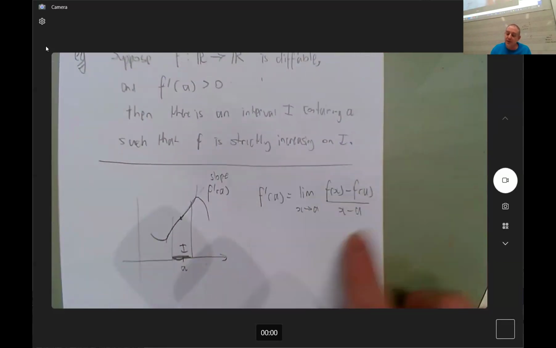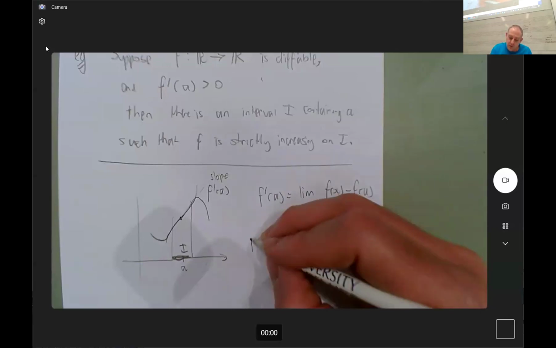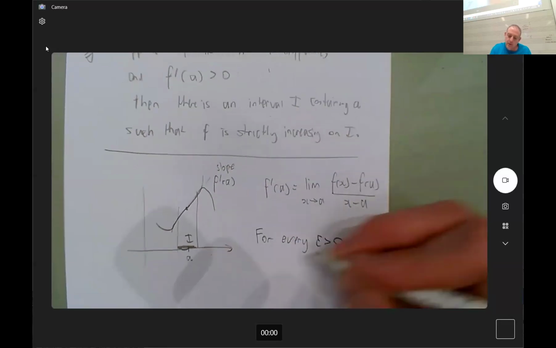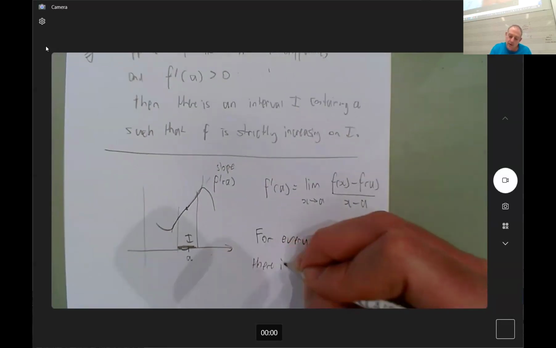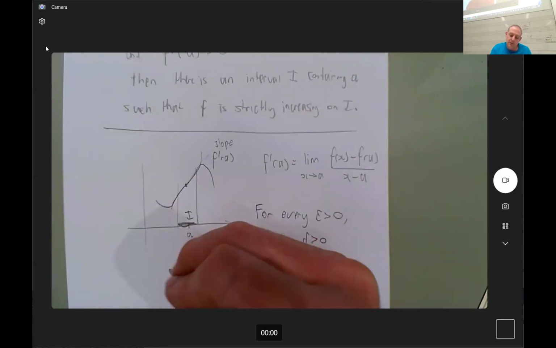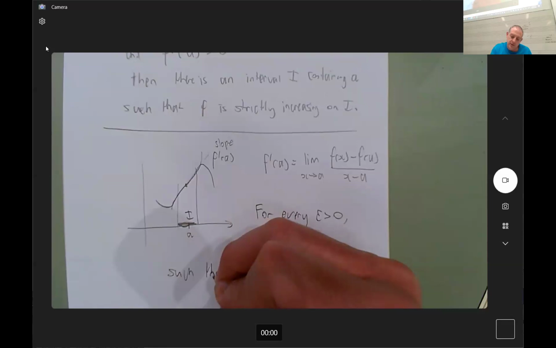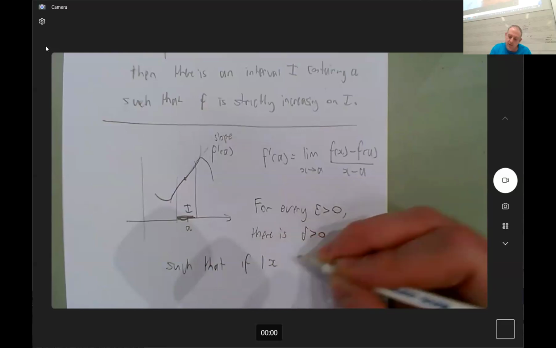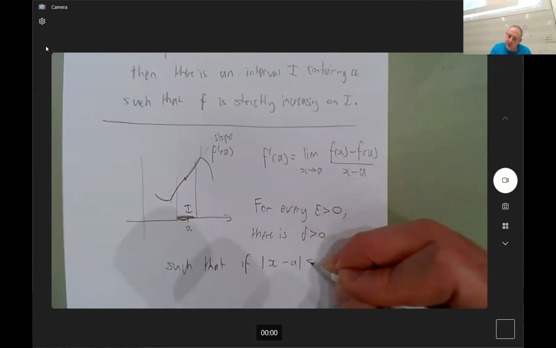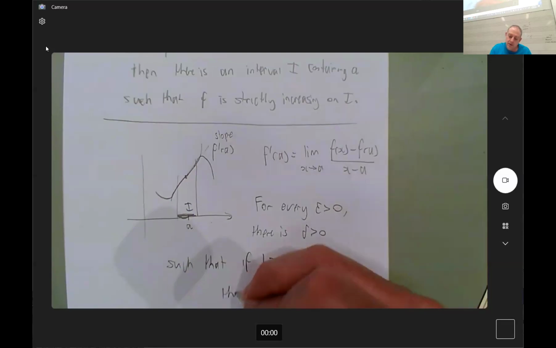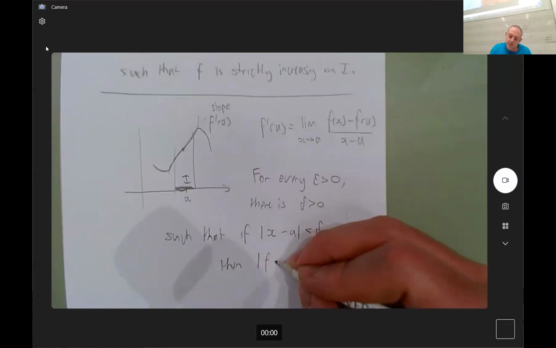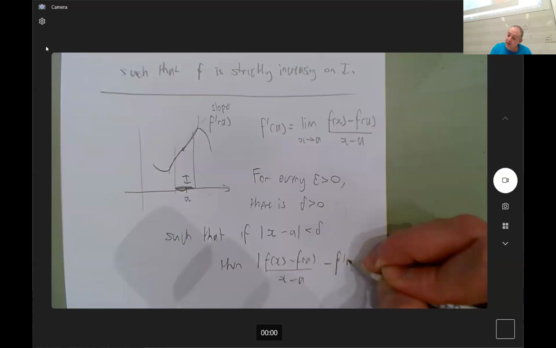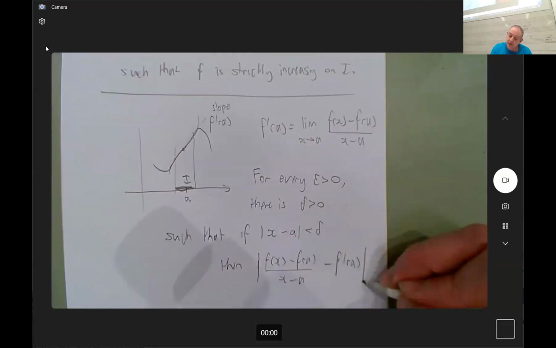The definition of this limit is saying that for every epsilon greater than 0, there is a delta greater than 0 such that if the distance between x and a is less than delta, then the distance between (f of x minus f of a) over (x minus a) and f dashed of a is less than epsilon.